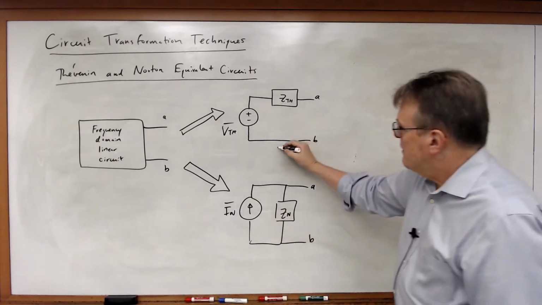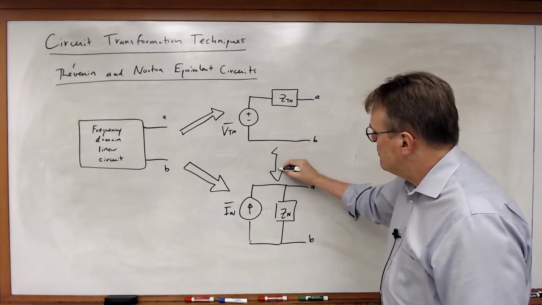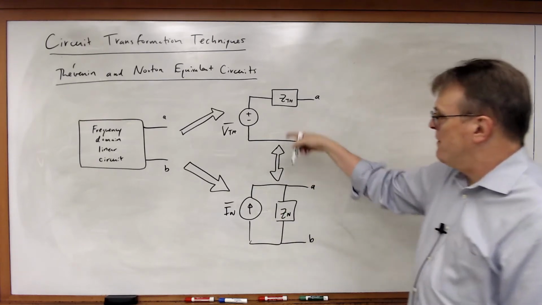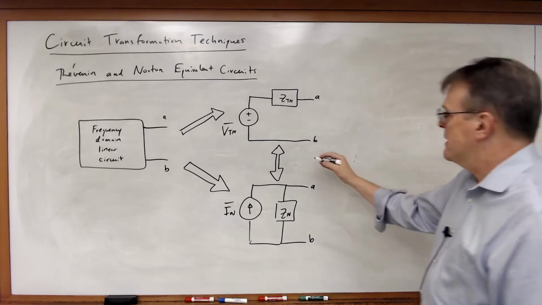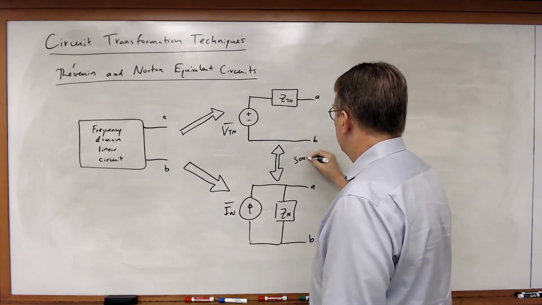And of course, there exists a transformation between Thevenin and Norton. And of course, that is due to source transformation.